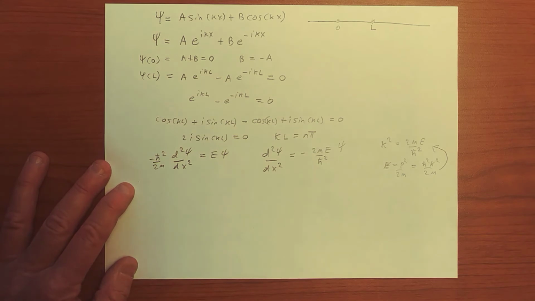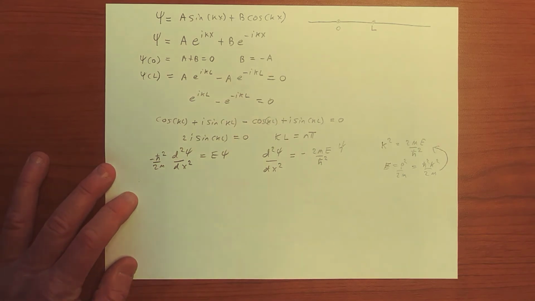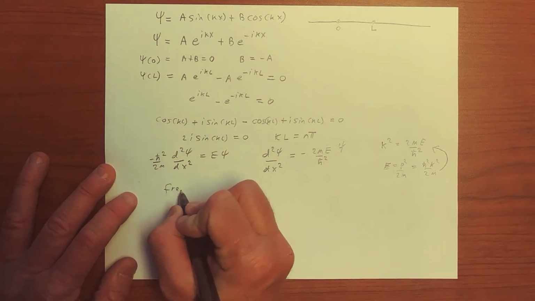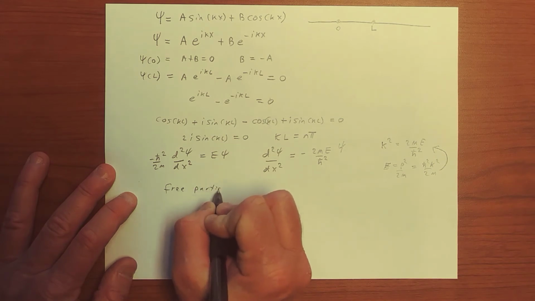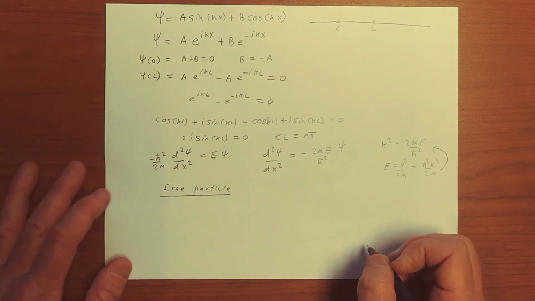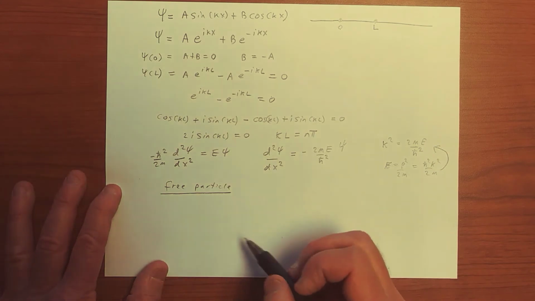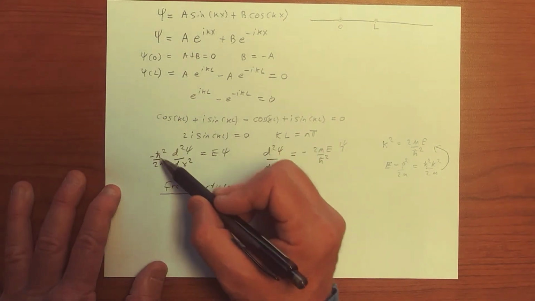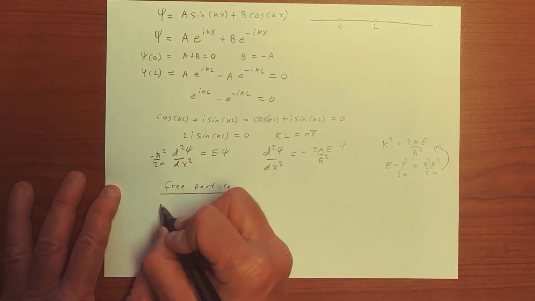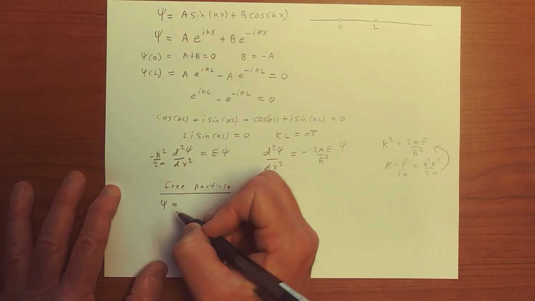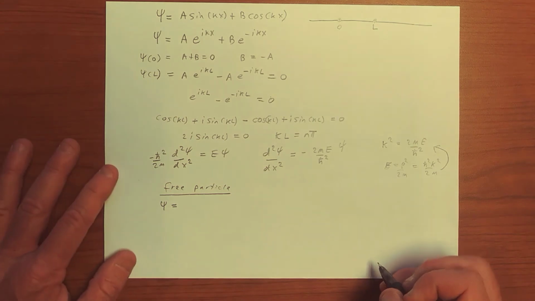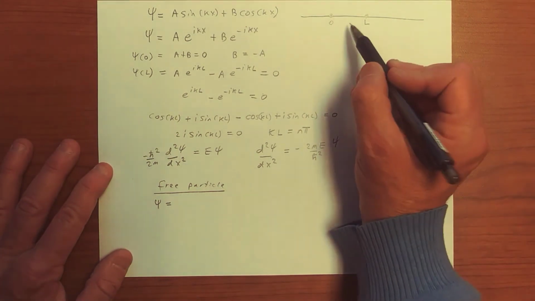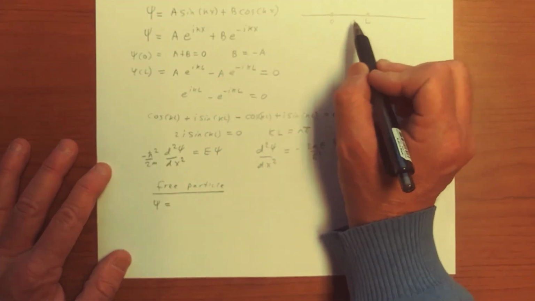So let's go back briefly to the free particle, given what we've learned here, and look at the equation. It's the same equation for the free particle, right? So we can think of the solutions as being exactly the same as the solutions that we've found for the particle in the one-dimensional prison.